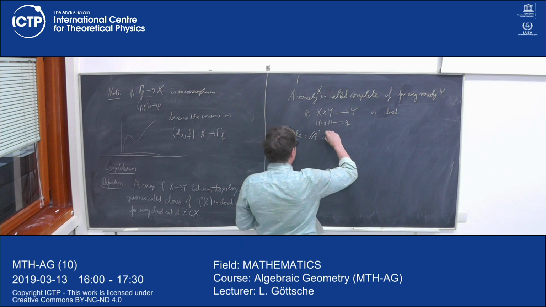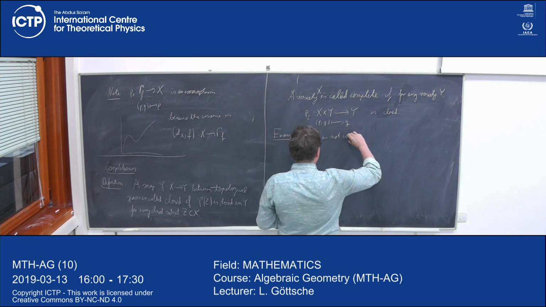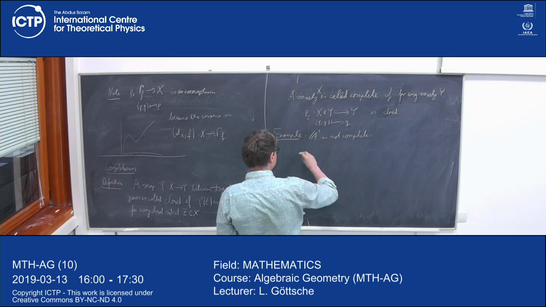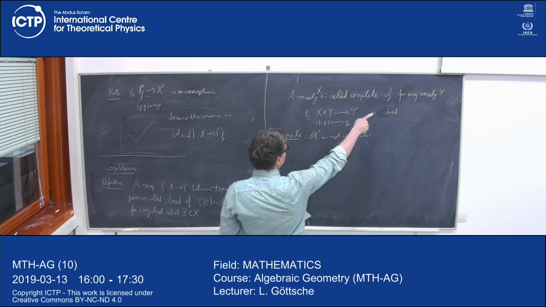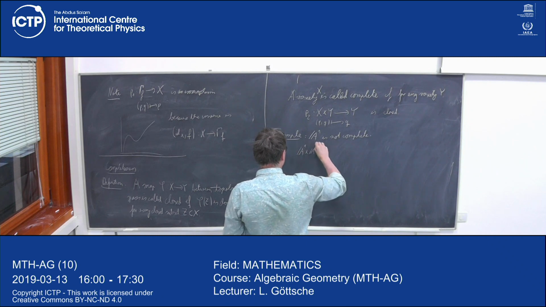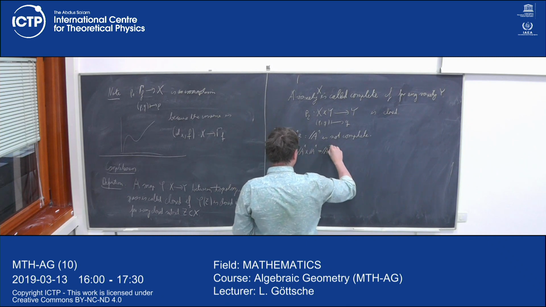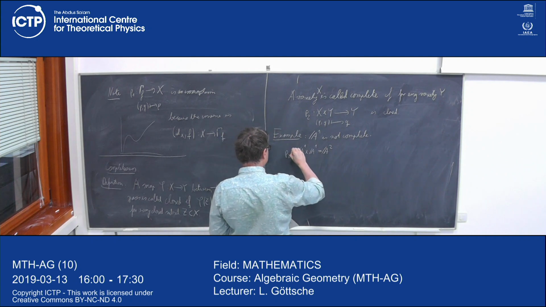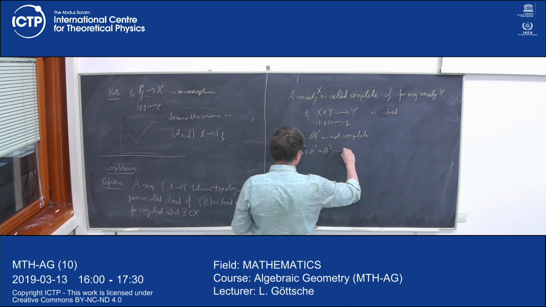A1 is not complete. So we can take our Y also to be A1. This is just A2, and we look at the second projection of this to A1.